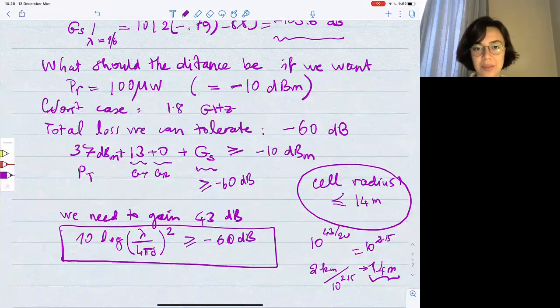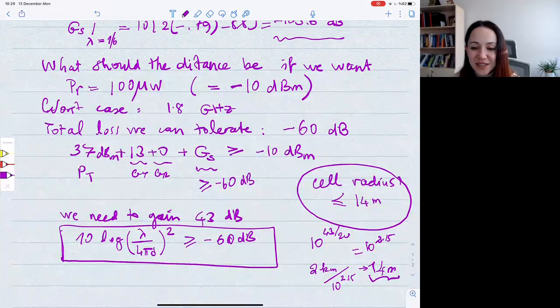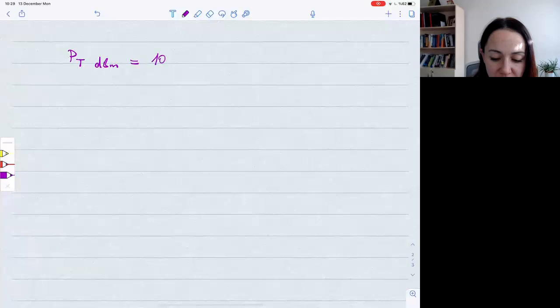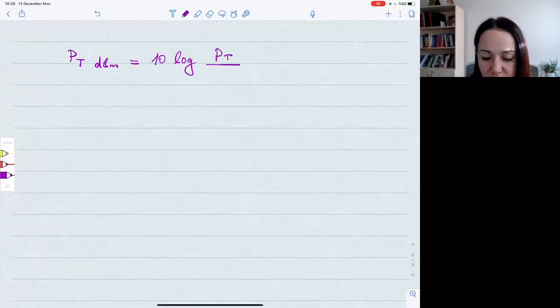How can we add dBm and dB? Oh, okay. So let's now, so PT in dBm equals 10 log PT over 1 milliwatt. So 1 milliwatt is 10 to the minus 3 watts, right?